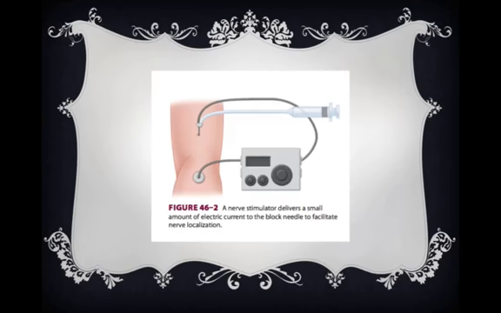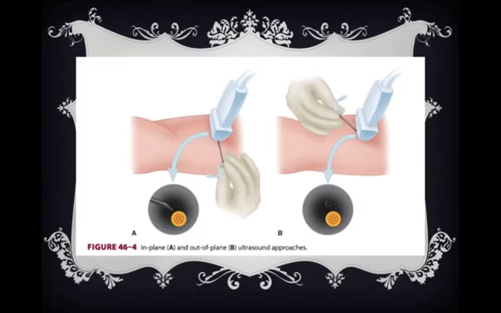I have some pictures of these. This is a nerve stimulator. As you can see there, there's the insulated needle and the electrode, and then you can see both on the display and on the patient if you're in the right location. And here's a picture of the ultrasound, and as you can see, the transducer is on the patient, and then the small black circle on the bottom is what you would see on the screen.